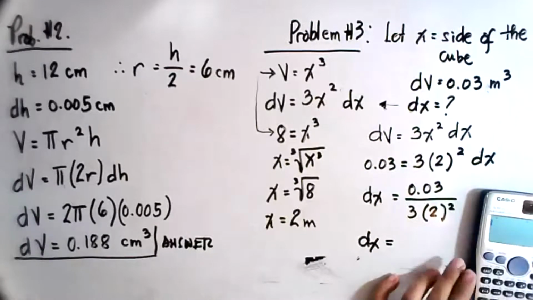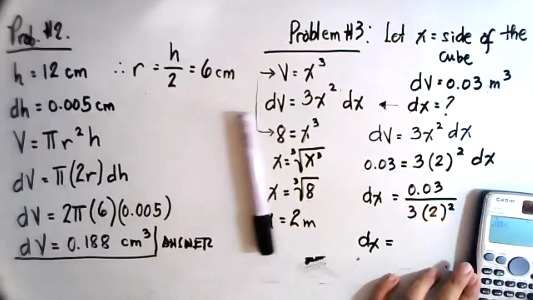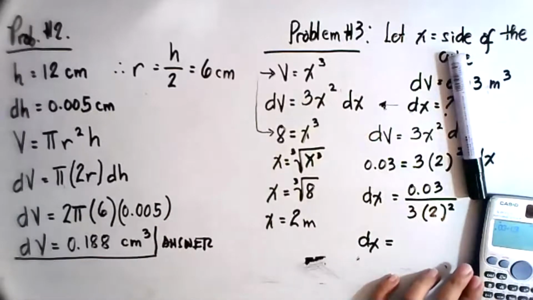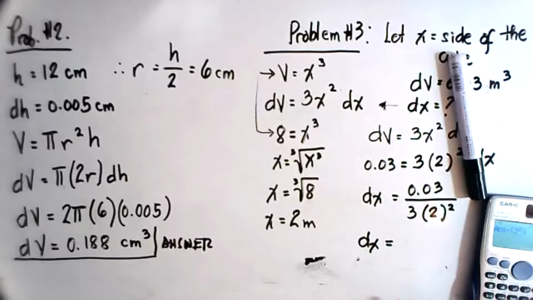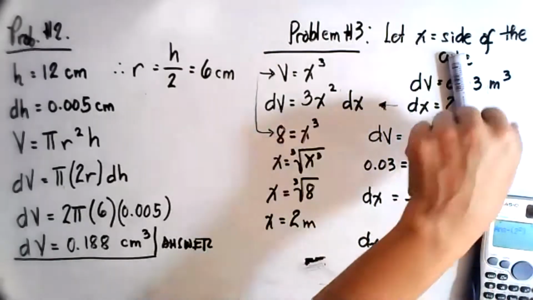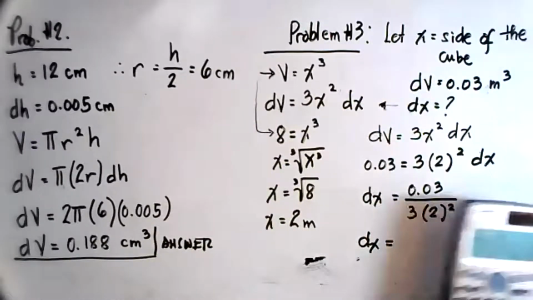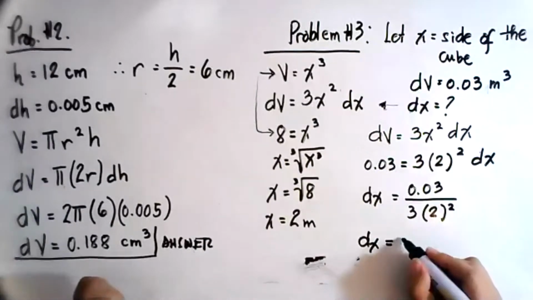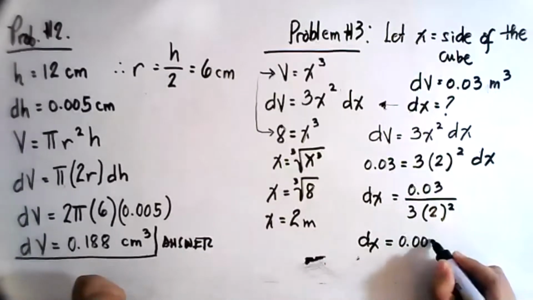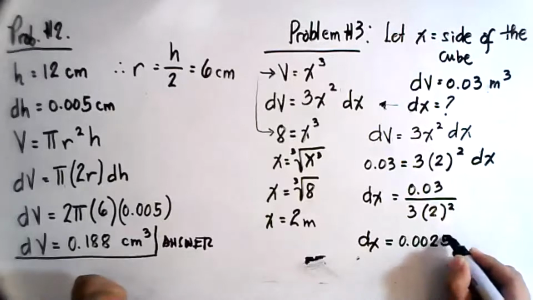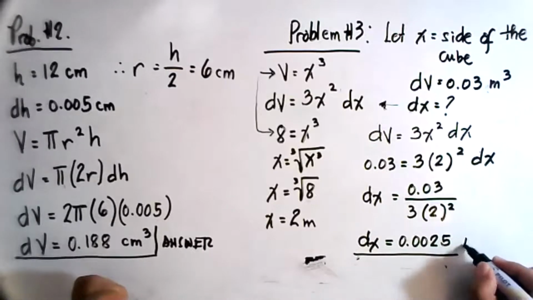So we have 0.03 divided by 3 divided by 2 squared. 0.0025. Yun ang answer natin.